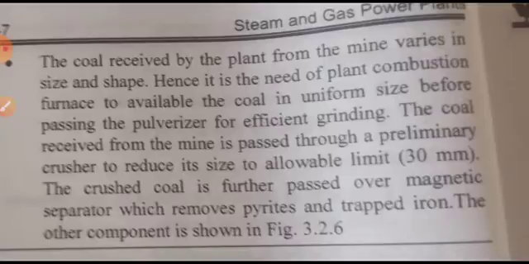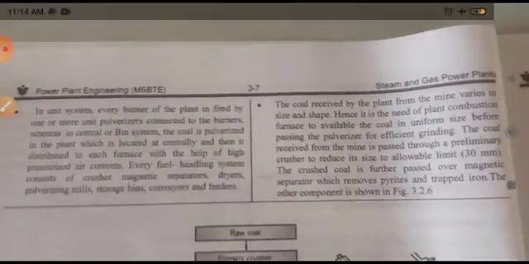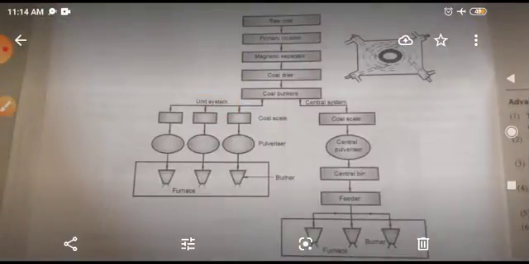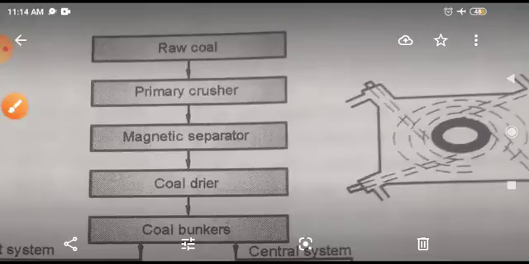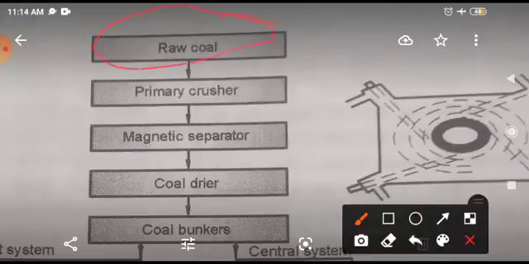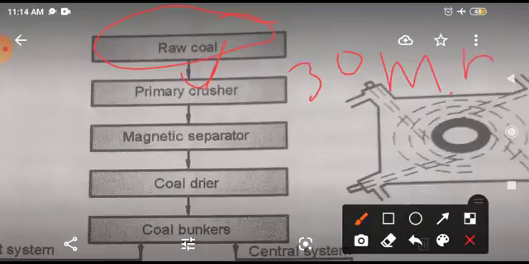The other components are shown in the figure. Here you have the figure shown. By railway or by dumpers, you bring that raw coal to the plant site, which is then fed to the primary crusher, which crushes the material up to 30 mm size.